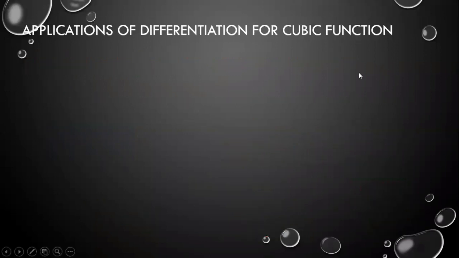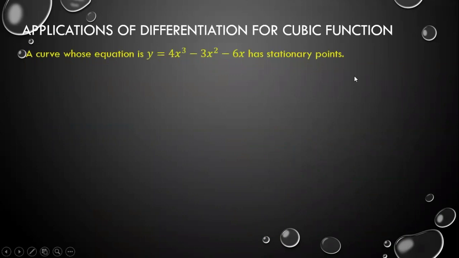Okay, students, now we go to the second application of the differentiation of a cubic function. A curve whose equation is y equals 4x cubed minus 3x squared minus 6x has stationary points. Stationary points means maximum point and minimum point.